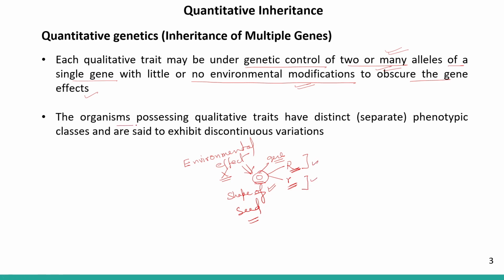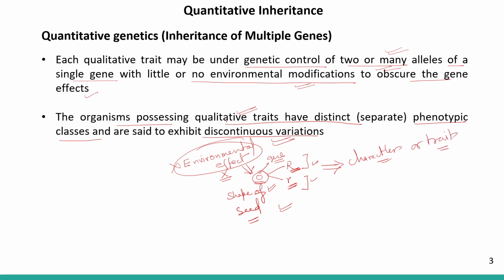The organisms possessing qualitative traits have distinct, separate phenotypic classes and are said to exhibit discontinuous variation. So the organisms following the qualitative traits, which we have just discussed, where a single gene may have two or more alleles and there is no environmental effect on it, govern a character or trait, right?